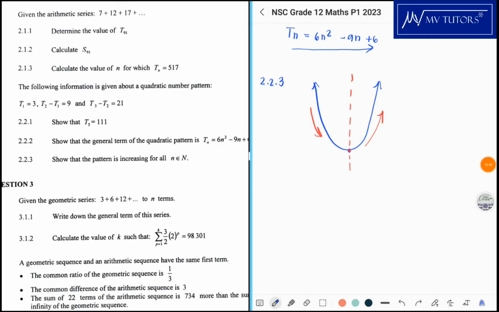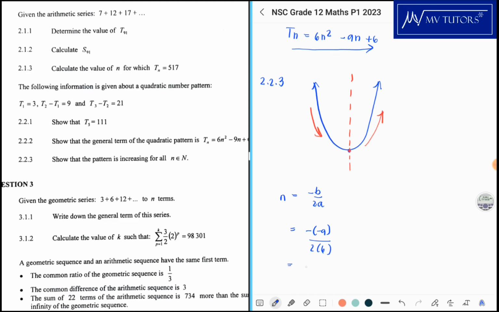All right, so I'm going to use the turning point formula, you know that one where it says x is equal to negative b over 2a. But in this case we don't have x, we're actually dealing with n. So what is b actually? b is negative 9, so we have negative negative 9 divided by 2a.